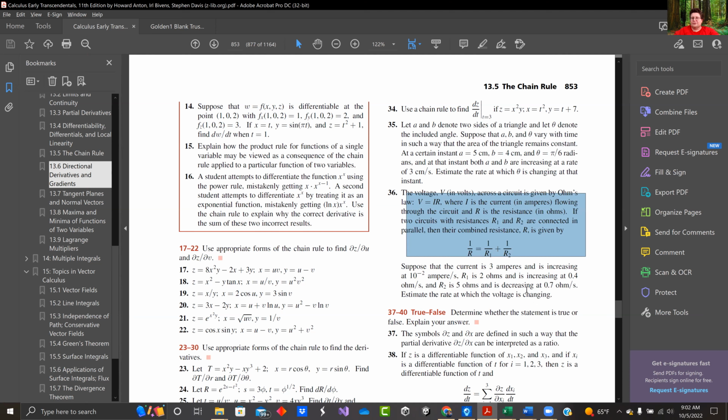Problem 36 gives you an example. There are uses for it. Right now, you're just learning the tools, the same reason you learned most of what you do in mathematics. You're learning a tool. The applications come in. But we have to learn the tool first.